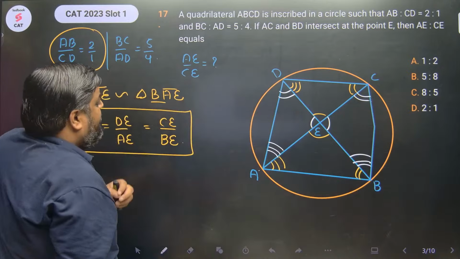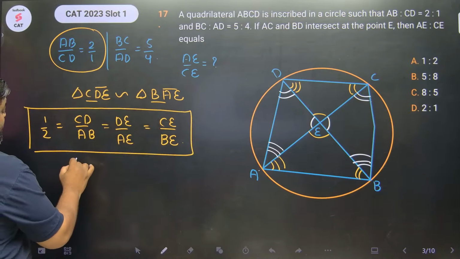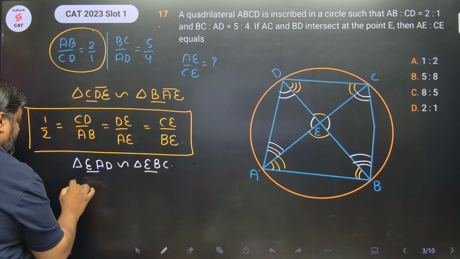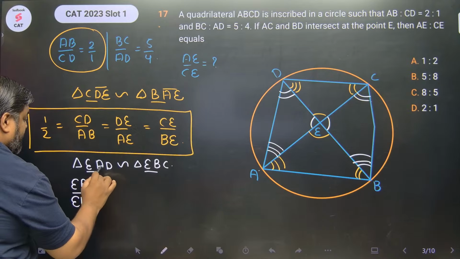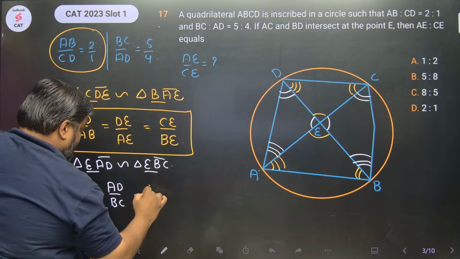Sorted. Now I can say proudly that triangle EAD is similar to triangle EBC. Again, sides have to be in ratio. So EA upon EB is equal to AD upon BC, and AD upon BC is equal to ED upon EC.